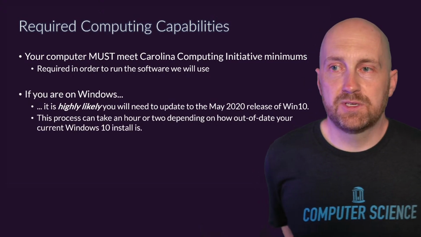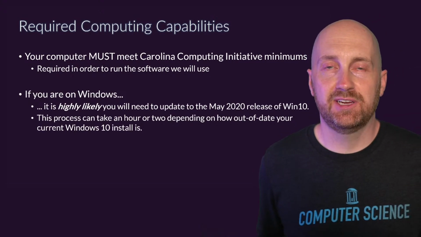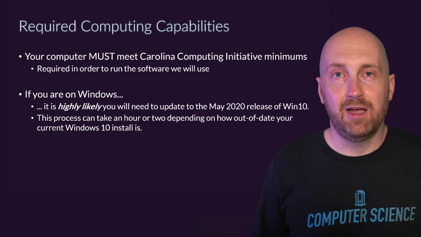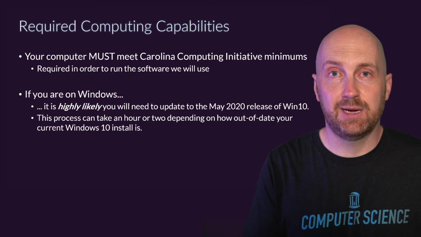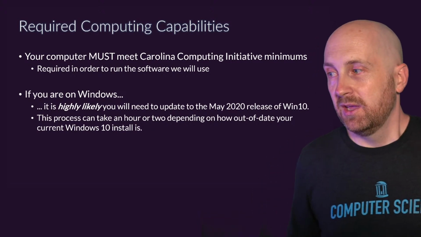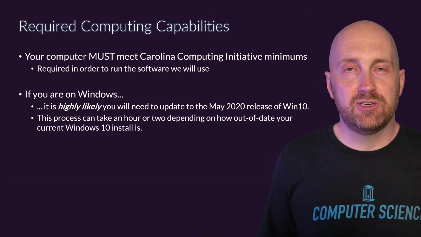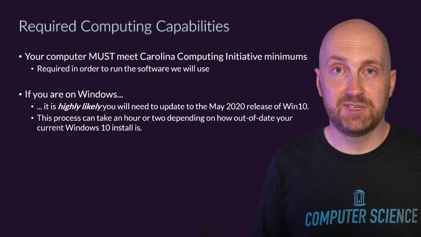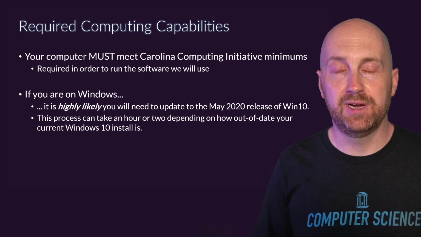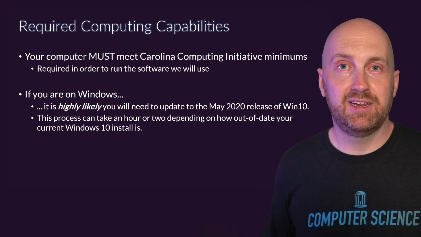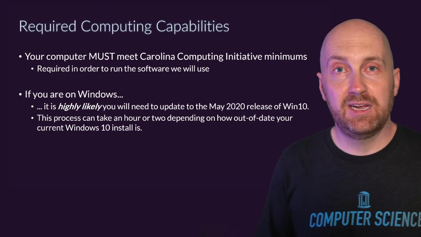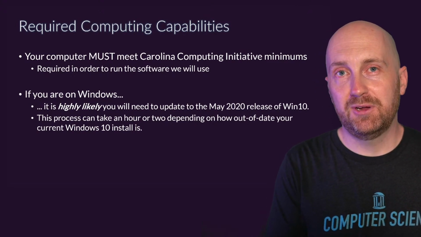If you're on Windows, you're going to see that there are some instructions for getting started. And this is the most important thing for you to hear today, because it's going to impact how you get set up for success in this course. In May, Microsoft released a really important update to Windows 10 for the purposes of the type of work that we're going to be doing. And pretty much everybody in industry who develops on Windows was pumped about this, because it made a certain component of Windows much better.